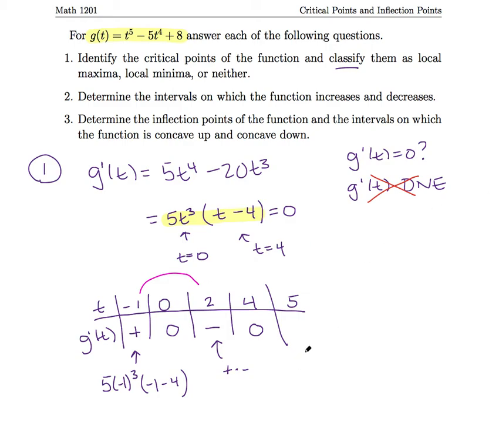All right, so we just have one more step left to classify our second critical point. We already know that our function is decreasing before this point. So let's see what happens after this point. So when t is equal to 5, we will have a positive value for the first factor and a positive value for the second factor. So we'll have positive times positive. So overall we get a positive.